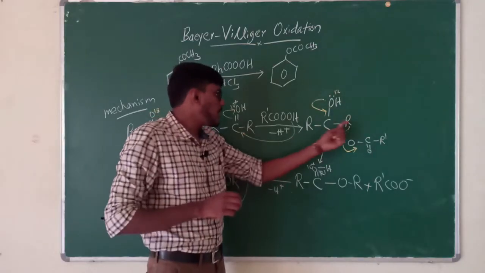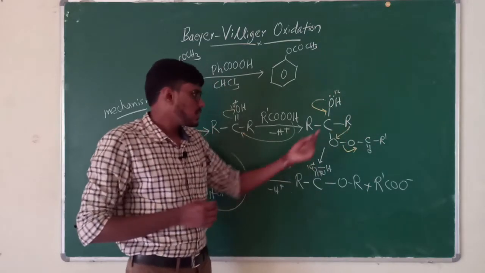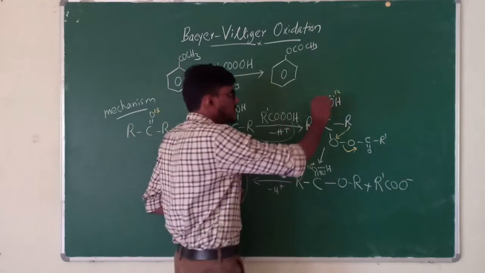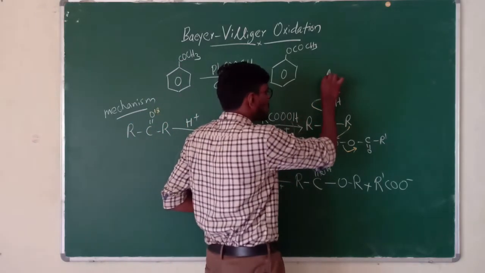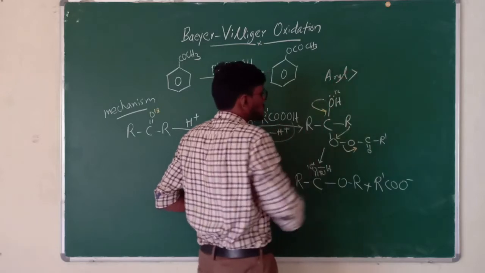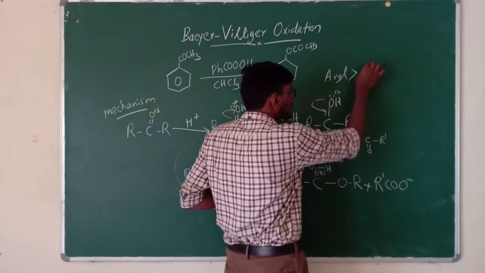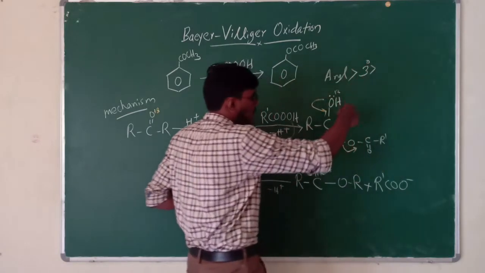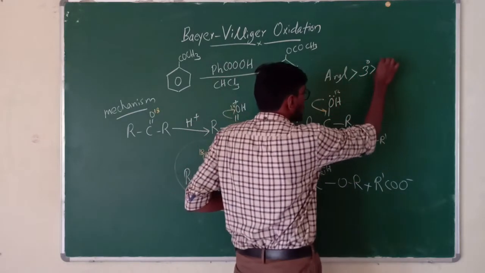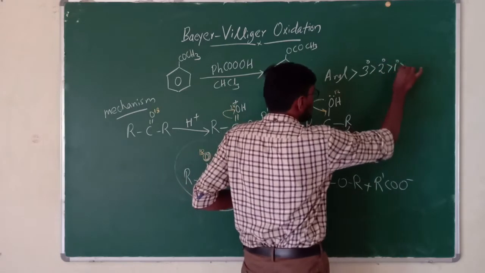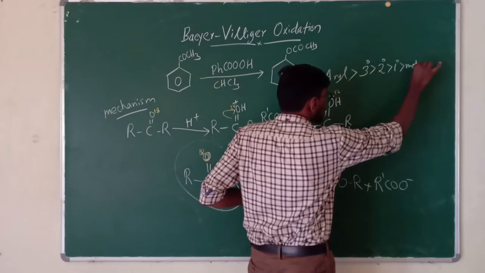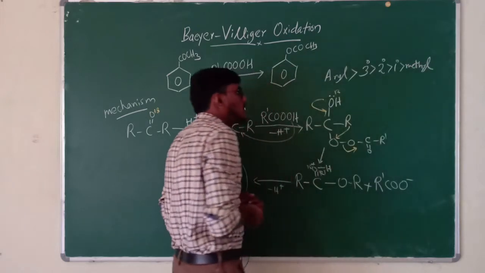Next, a migration of an alkyl group takes place. The order of migration: aryl groups migrate faster than alkyl groups. In the case of alkyl groups, tertiary groups migrate faster than secondary, then primary, then methyl. You must remember this order of migration.